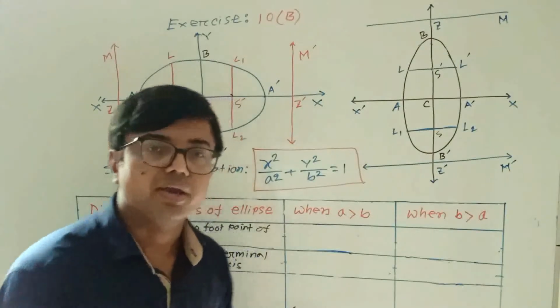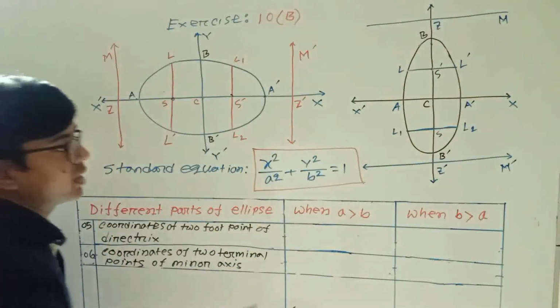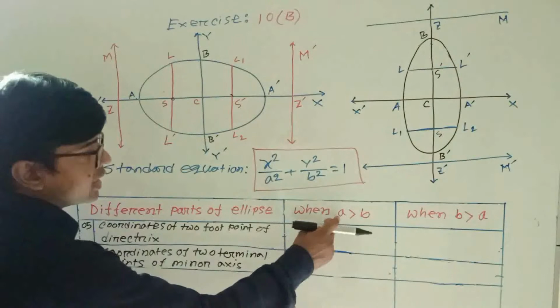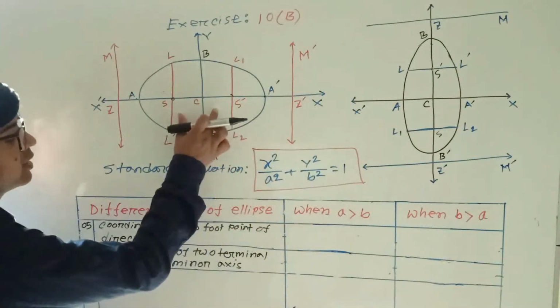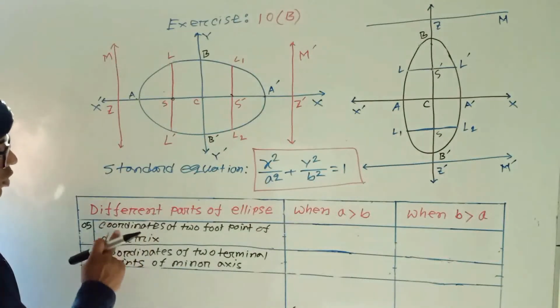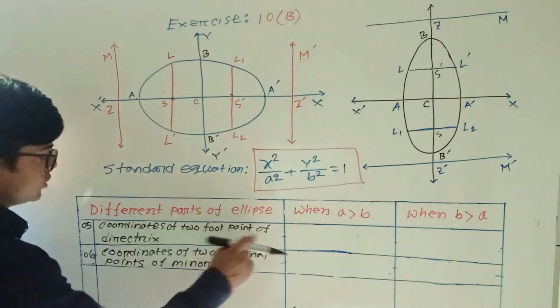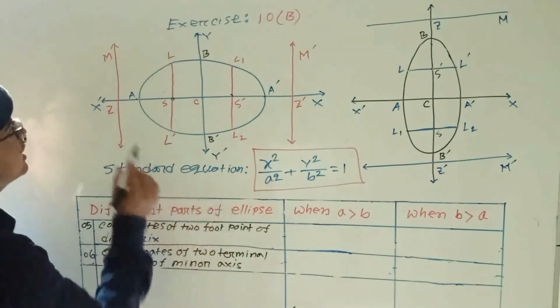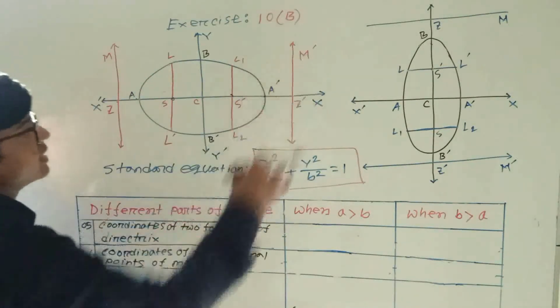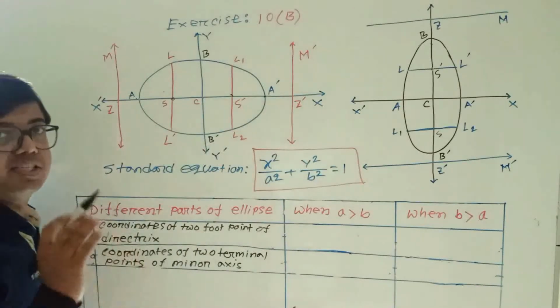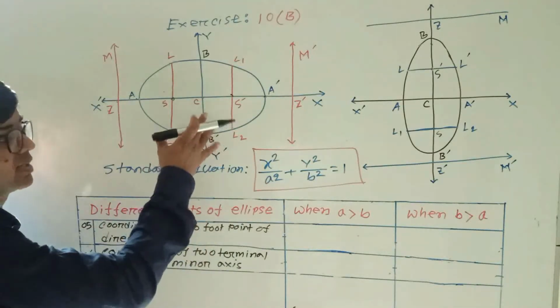Now formula number 5. Look at the board. Here A is greater than B, so we can use this figure for the coordinates of the two foot points of directrix. MZ and M prime Z prime are the directrices of this ellipse.